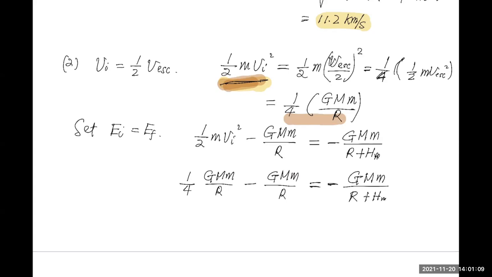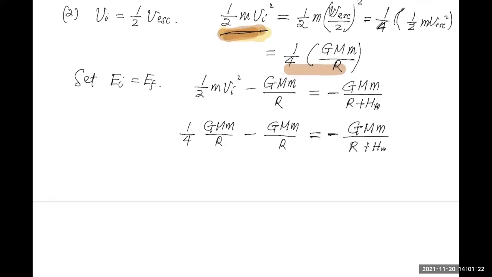You see how simple this becomes, because you can cross out GMm over R. There's such a term everywhere. And then you can just look for h maximum as a function of R. You can easily do that. And the algebra is simple.